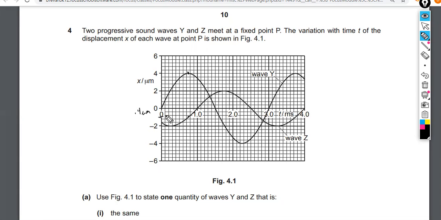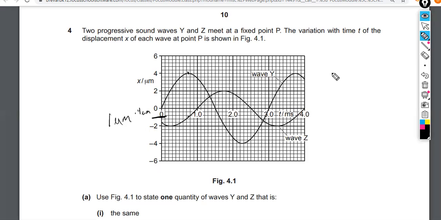So it goes 0.4, 0.8, 1.2, 1.6, 2. So if each little square is 0.4 micrometers, then this one goes down 2.5 little squares. And so it goes 0.4, 0.8, 1, right? Right there. 1 micrometer.